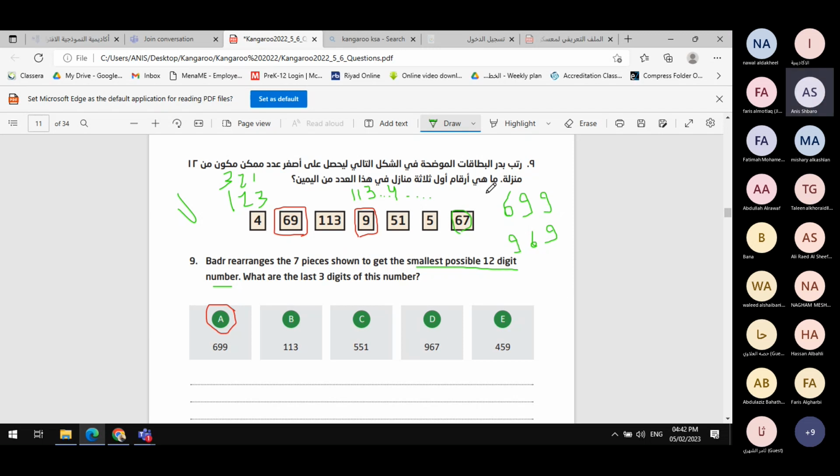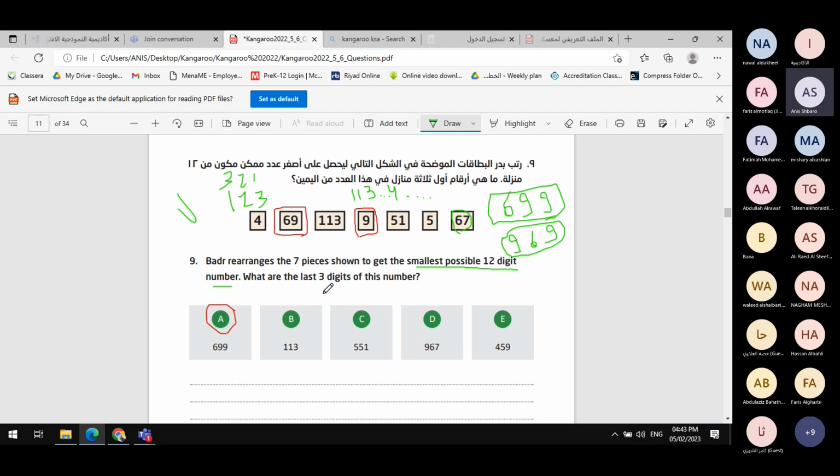Of course, we are going to compare those two numbers. We know that this one is bigger, but we are going to stick with this one because we need to get the smallest number, not the biggest number. So get rid of all the big numbers first, and then go on small numbers to get the smallest possible number we can get.